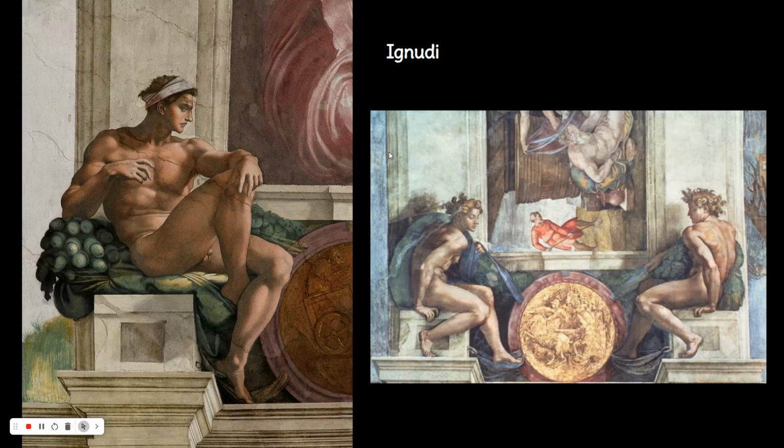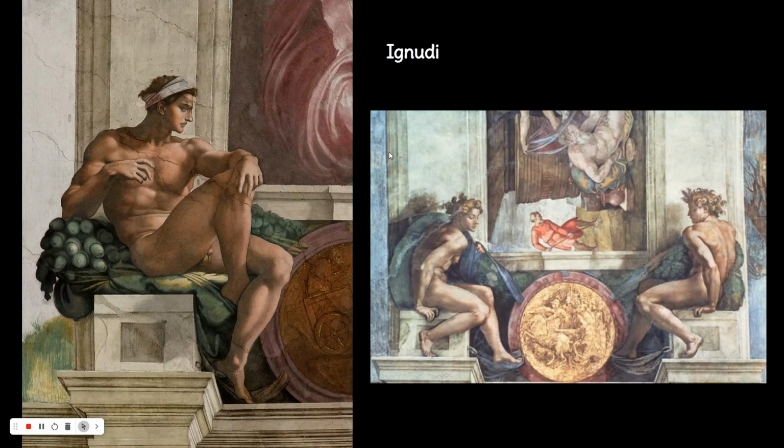Here are the ignudi. The ignudi are the male nudes that are interspersed between all of the different scenes. So they are there just to be decorative and to represent classical art.